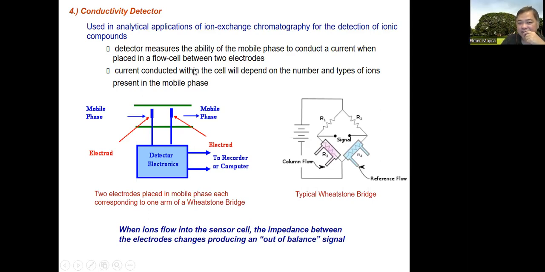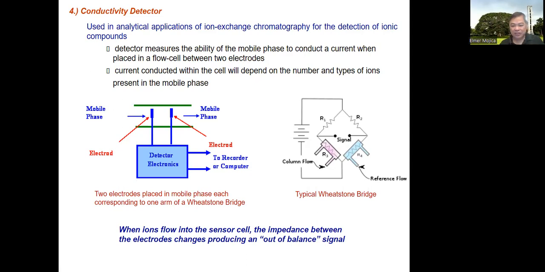The detector measures the ability of the mobile phase to conduct a current when placed in a flow cell between two electrodes. The current conducted within the cell will depend on the number and types of the ions present.